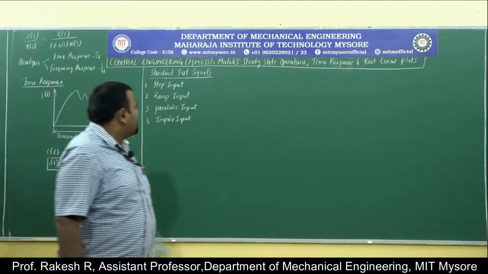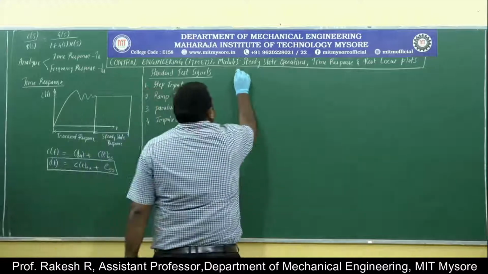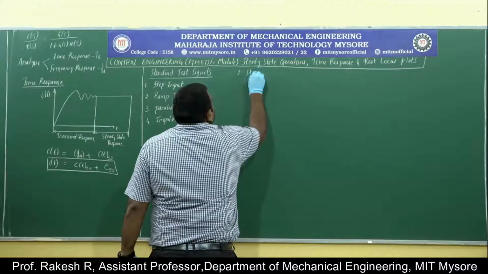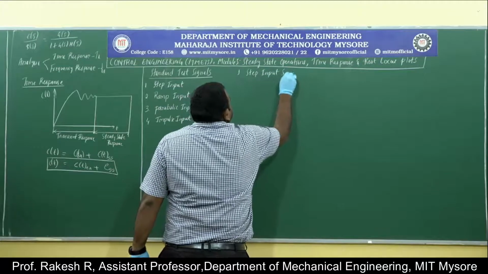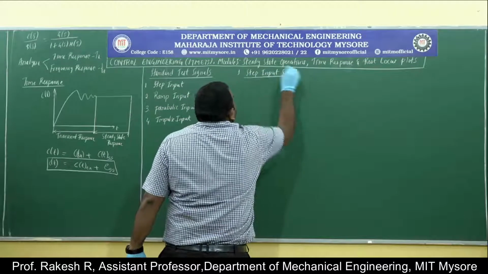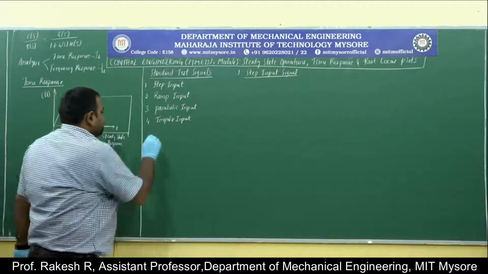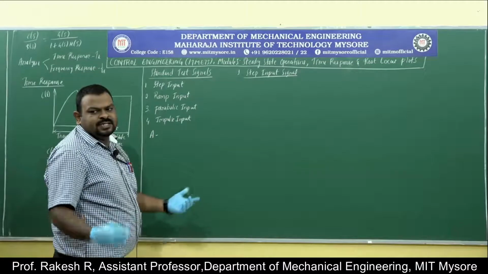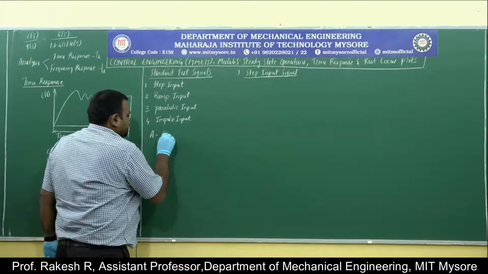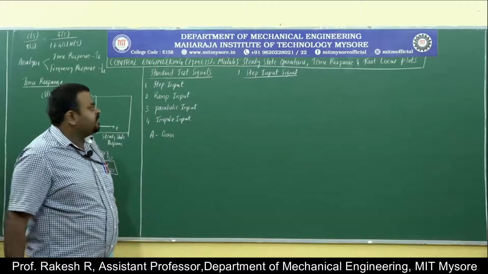Let us see what the characteristic features of each input signal are. First, I will take the step input signal. I will take A as the amplitude of the signal, that is, the gain.